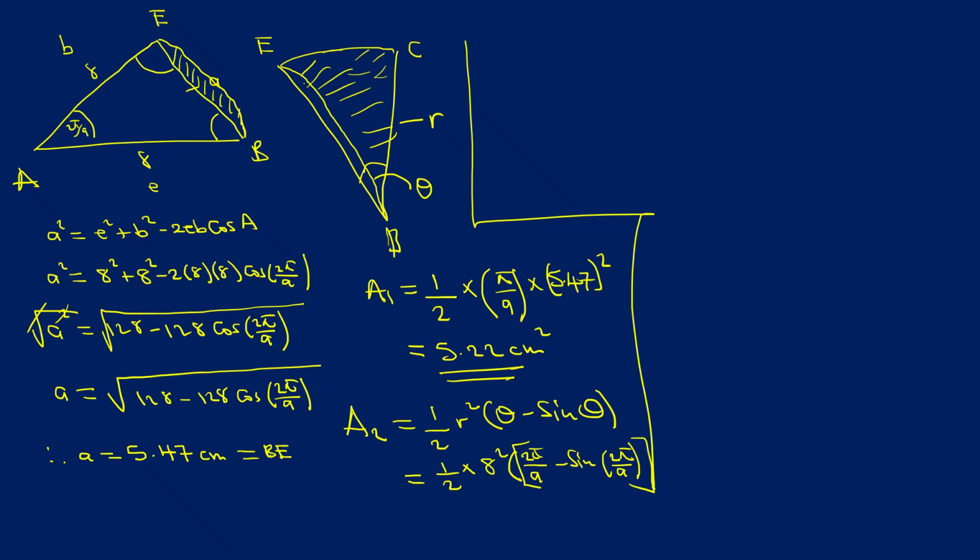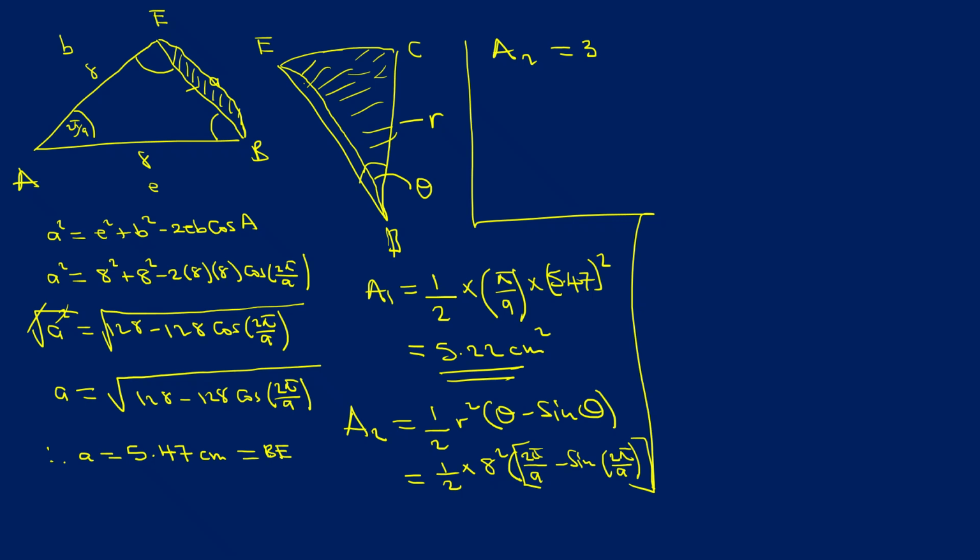Then we are just going to have A2 is equal to 8 squared, which will give us 64. 64 times half is just going to give you 32.